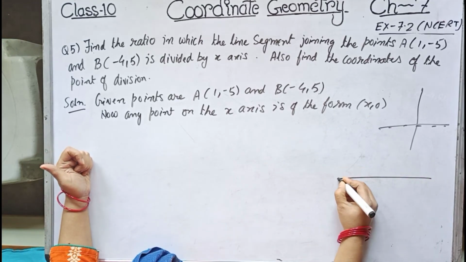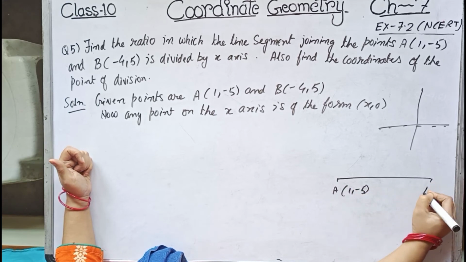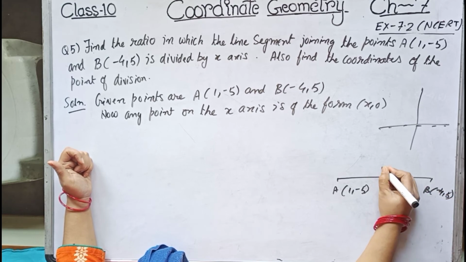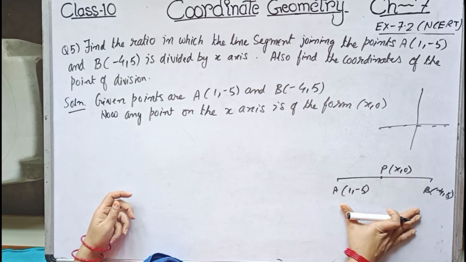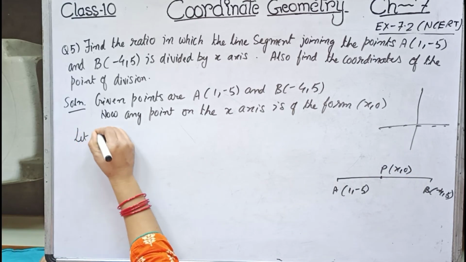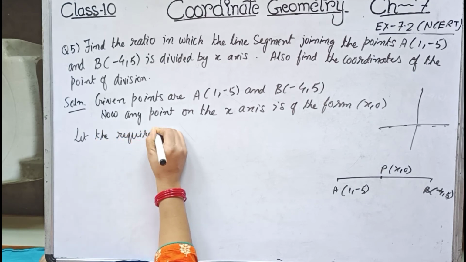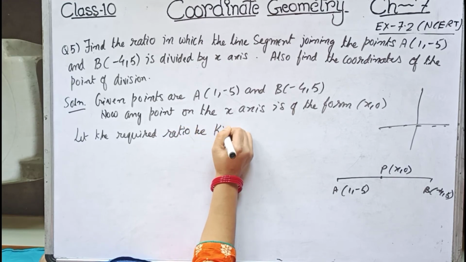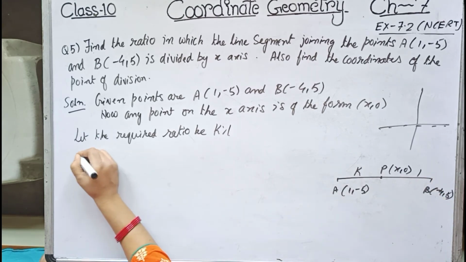So actually the figure will be A (1, -5), B (-4, 5), and suppose this is the point P which is lying on the x-axis and which is dividing this line segment AB. Let the required ratio be k is to 1. So this part is k and this part is 1.